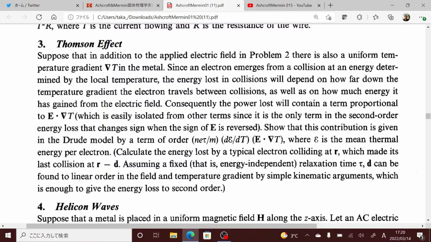This is the only term in the second order energy loss that changes sign when the sign of E is reversed.